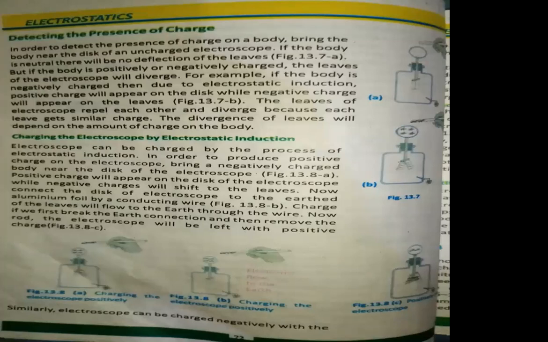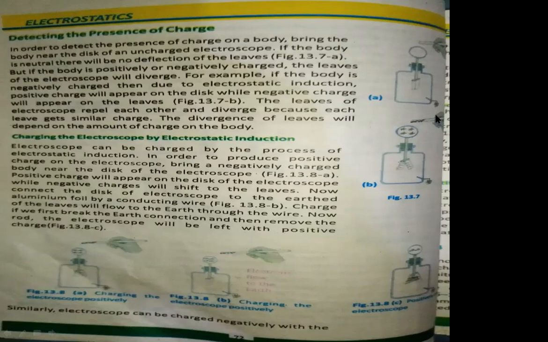Same thing will happen over here: if we bring the positive rod near this disk, it will attract the negative charge, and at the bottom, on the leaves, the positive charge will be developed.